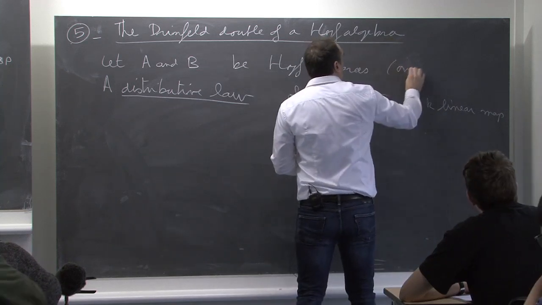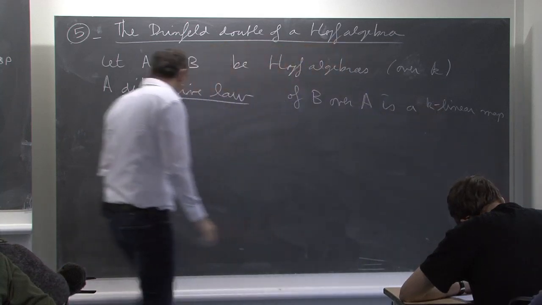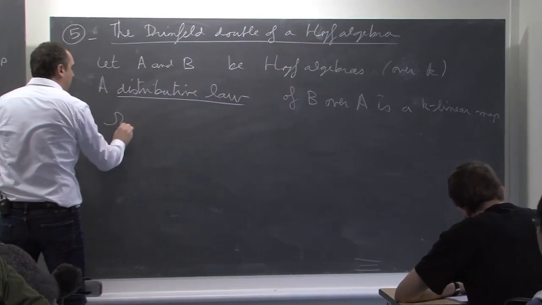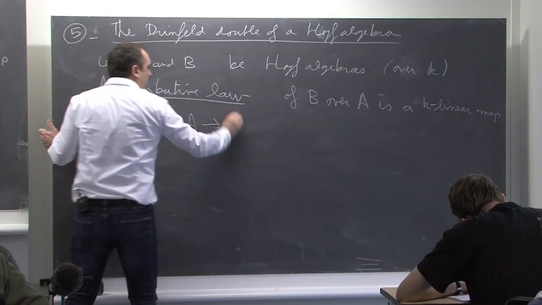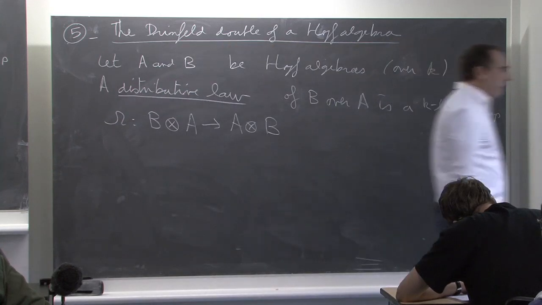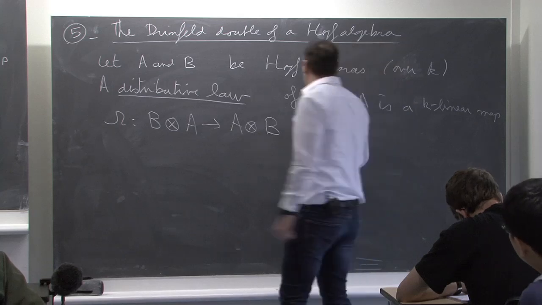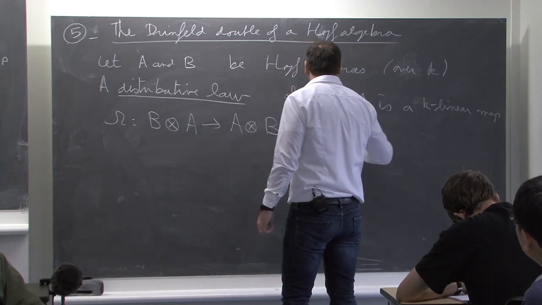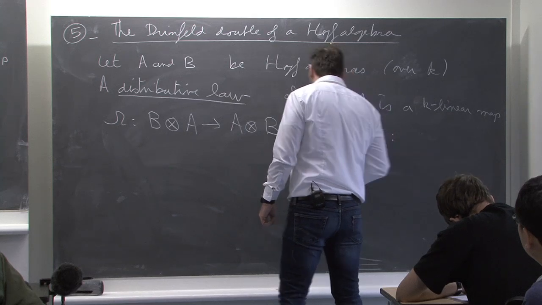We are over a field K. I call it omega, from B tensor A to A tensor B, and I need this map to verify these axioms.